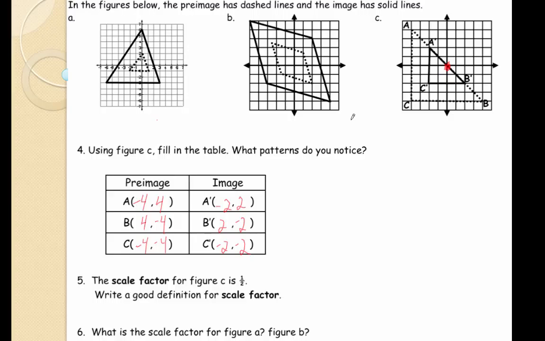But whatever the situation, wherever it's centered, the lengths of everything will be multiplied by the scale factor. So the length from B to C, for example, used to be 8, so now it should be 4. The scale factor for figure A, so if you look at figure A, we've got 0, 2 to 0, 6. This one appears to be centered at the origin.